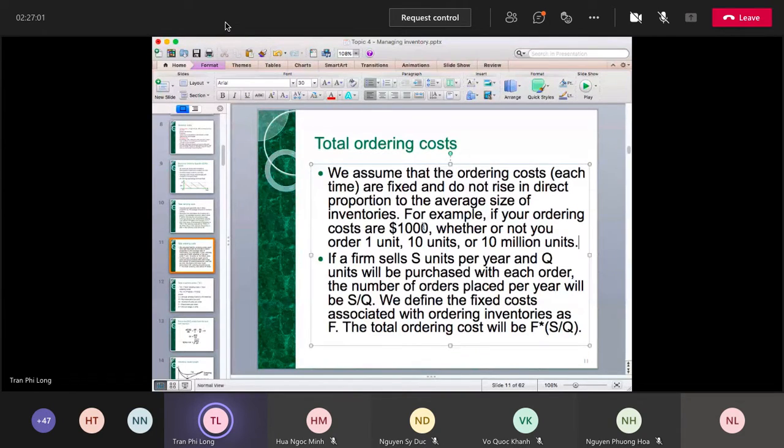Understand? That's why I tell you that the ordering cost for each time will not change.